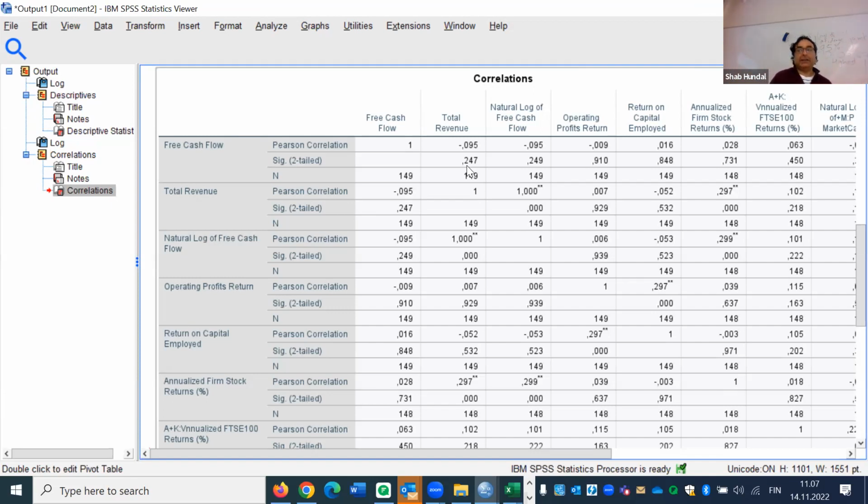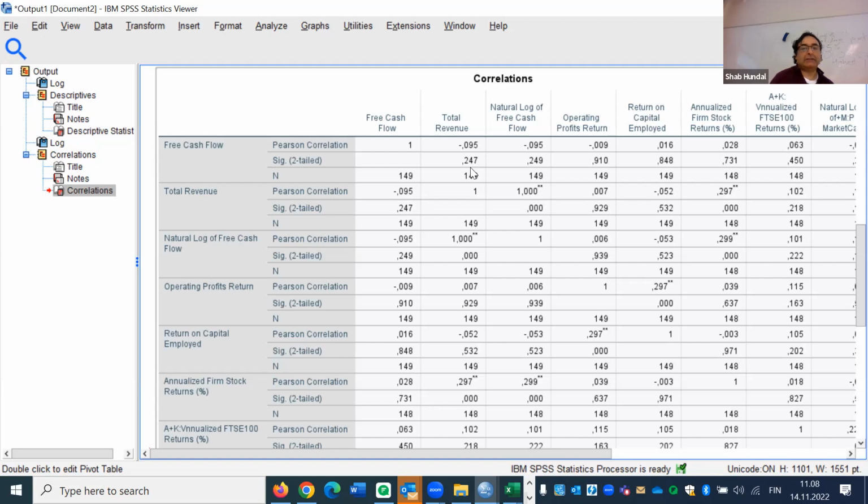Look at this. Now see, this is very interesting. Please pay attention here. The correlation between the free cash flow and total revenue is minus 0.95. We all agree? The question is that after we get the numbers, we need to check, is this correlation significant?